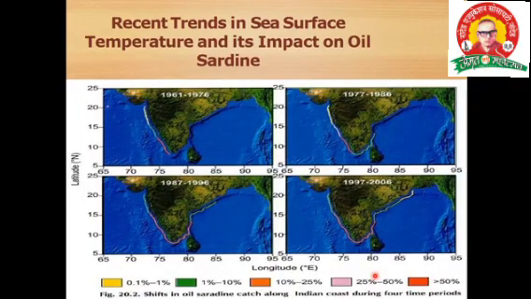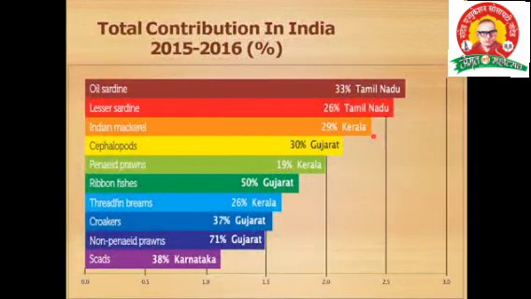This is the recent trend in sea surface temperature and its impact on oil sardine. As per the older result, the oil sardine's total contribution in India is 33%, below which come fishes like ribbon fish.